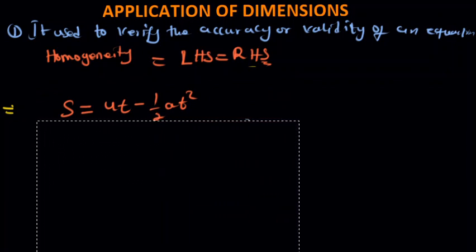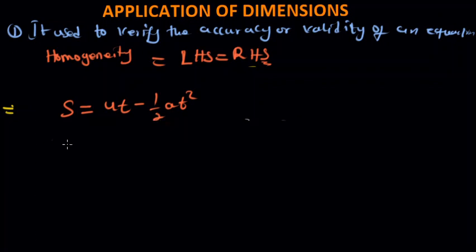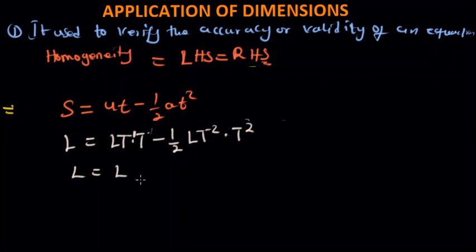Okay, so let's write it all over again. We have the dimension of s to be L, and then we have LT^-1 dot T. Let's do away with the brackets now. Minus 1 on 2, LT^-2 dot T^2. So here there is negative 1 and there is positive 1 here, so you have L equal to L minus 1 on 2.